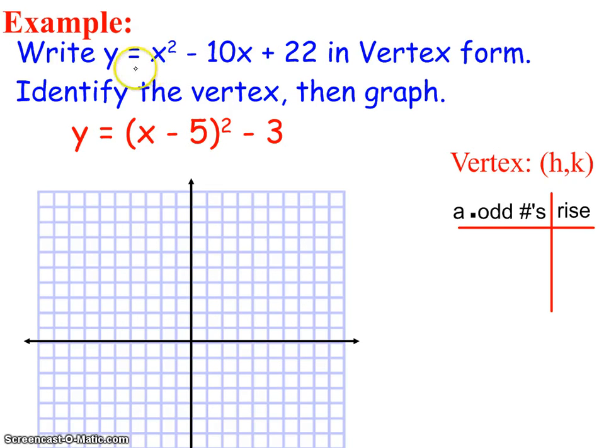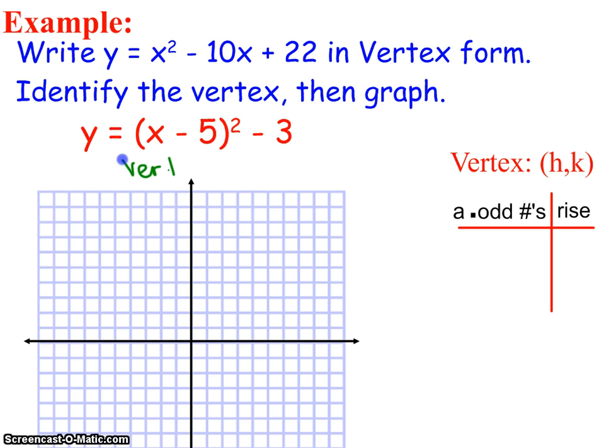I rewrote y equals x squared minus 10x plus 22 in vertex form. And we got this. What's the vertex? Remember, the vertex is (h, k). The opposite of the inside, which is 5, and k, negative 3.